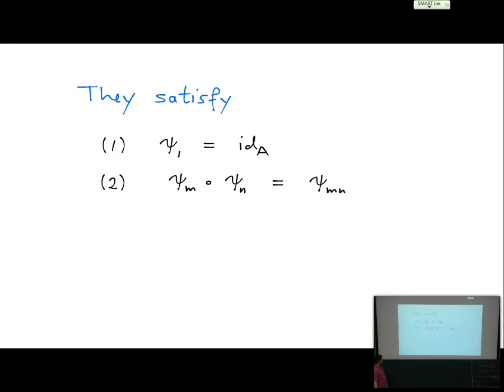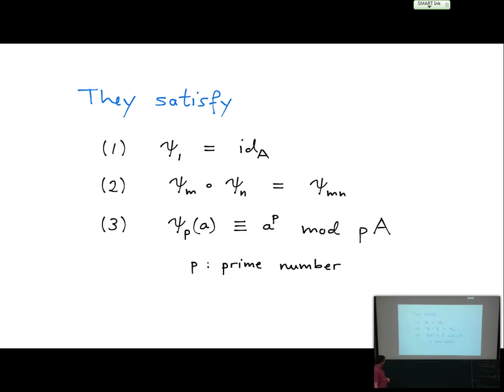These Adams operators satisfy that they give an action by n cross through ring homomorphisms, and moreover, the pth Adams operator is a lift of the pth Frobenius.